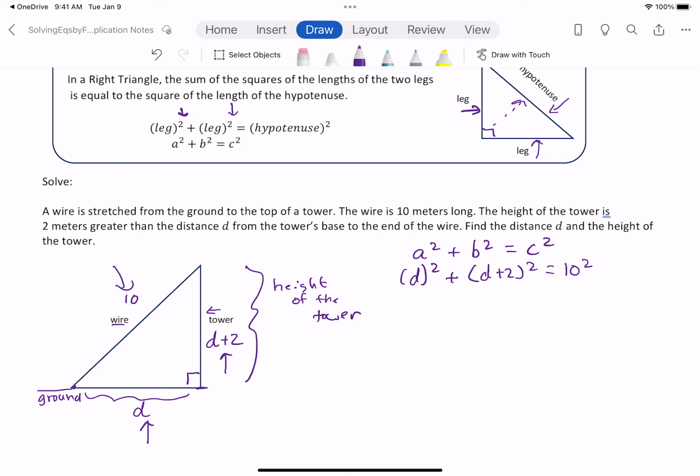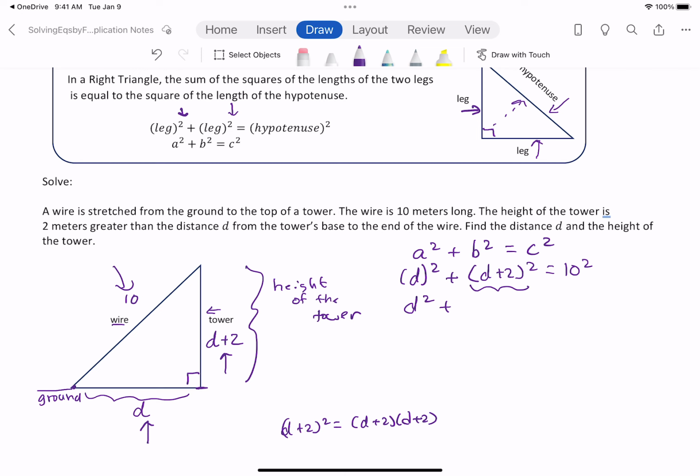So cleaning this up, this is d squared plus, be very careful here, and remember that squaring a binomial is not going to give me d squared plus 4. Remember that (d plus 2) squared is the same thing as (d plus 2)(d plus 2).